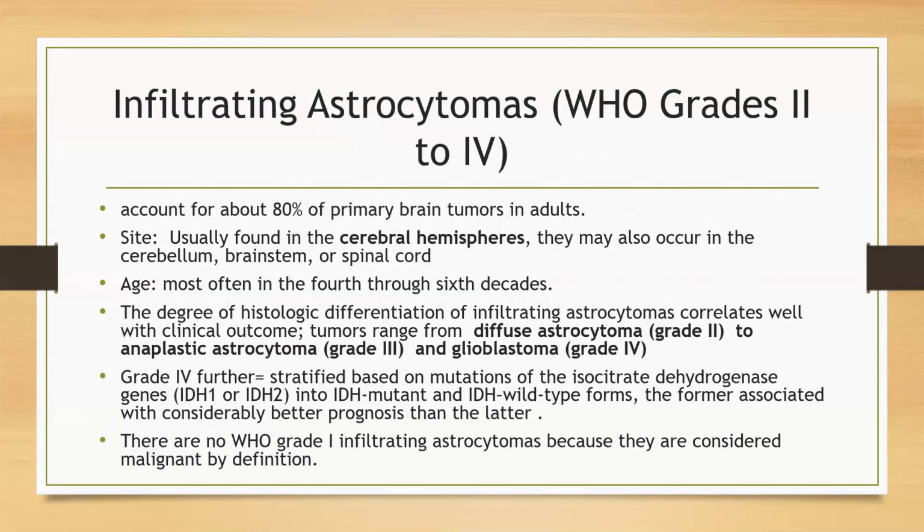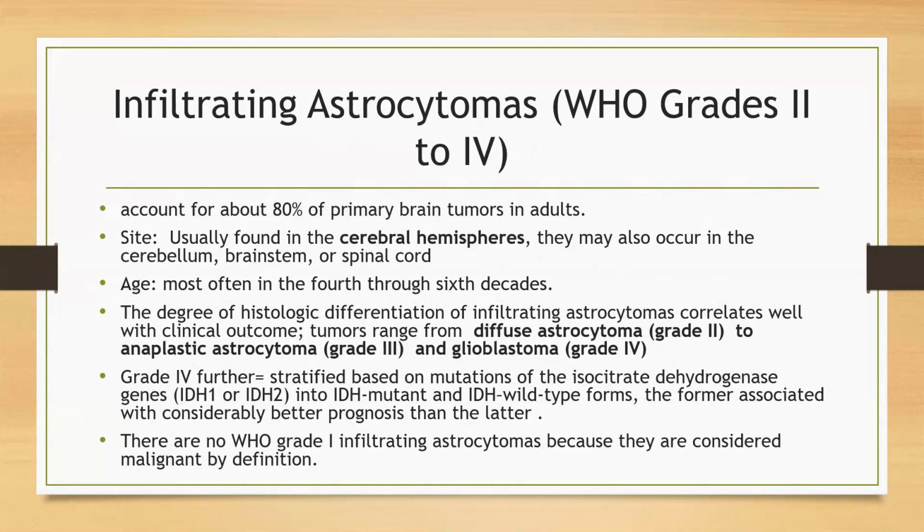We will talk about this later. Infiltrating astrocytomas, WHO grade 2 to 4, account for 80% of primary brain tumors in adults. They are usually found in the cerebral hemisphere. They may also occur in the cerebellum, brainstem, or spinal cord.